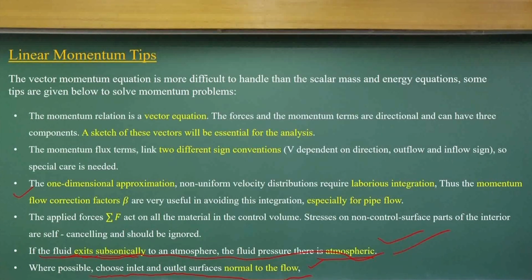We do not consider integrations of that; instead, we consider the distribution of velocities, compute the momentum flux correction factors for that type of flow velocity distribution, and use that correction factor with the average velocity to compute the momentum flux going through a control surface where the velocity distribution is not uniform.